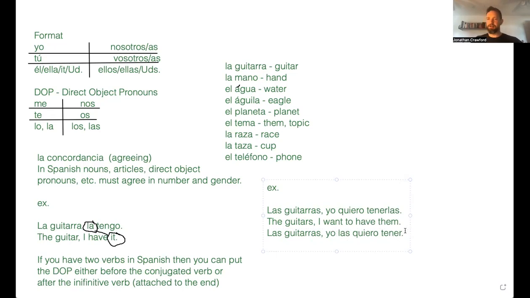Yo quiero tenerlas. Yo las quiero tener. Both of those mean the same thing. So you can have it that way or that way. Las guitarras, yo quiero tenerlas. Las guitarras, yo las quiero tener. I'm putting las guitarras first just so we have the context so that I can give you both of these examples.